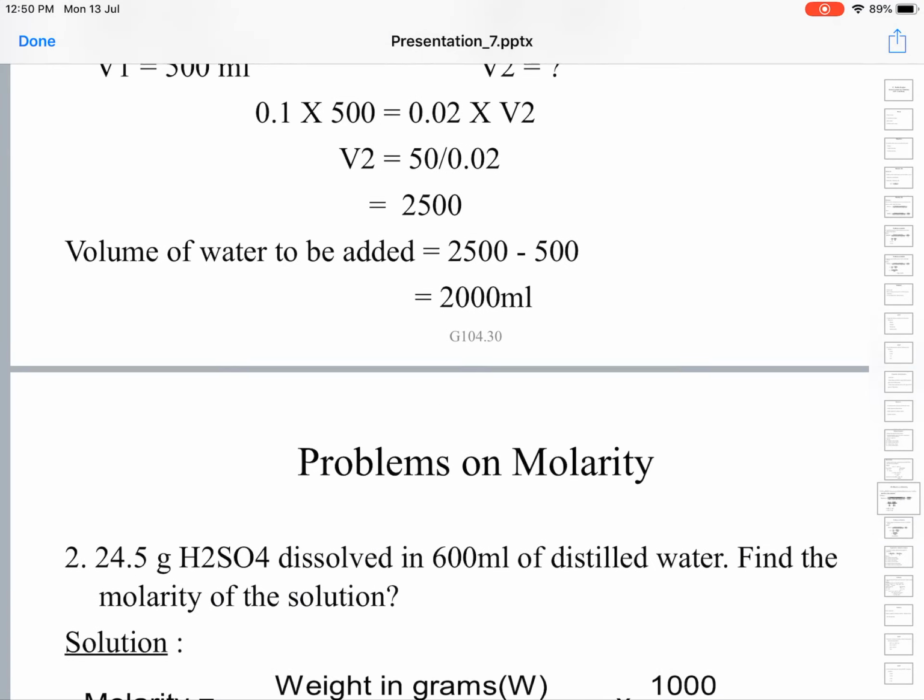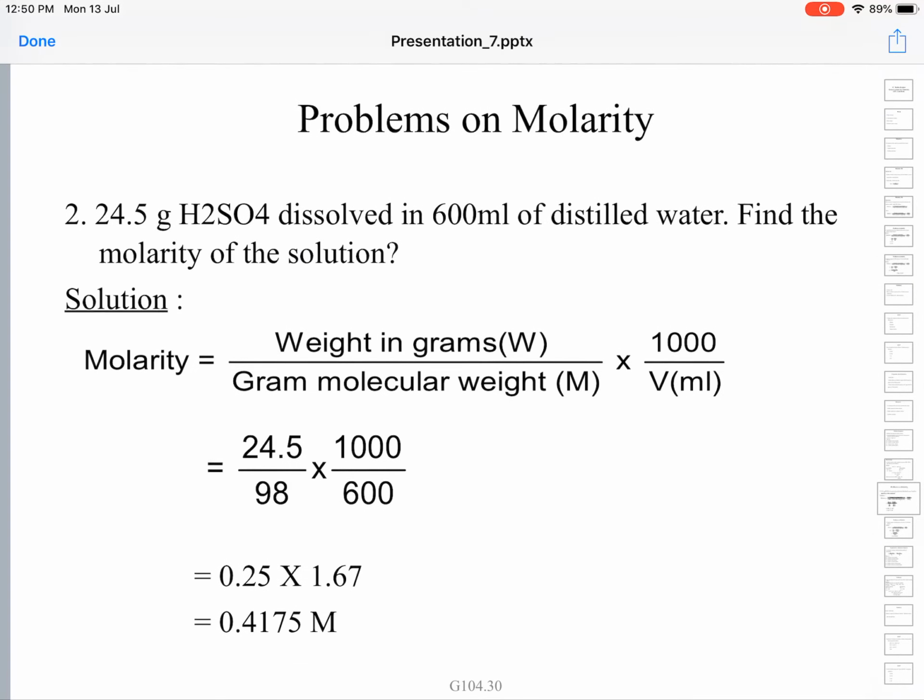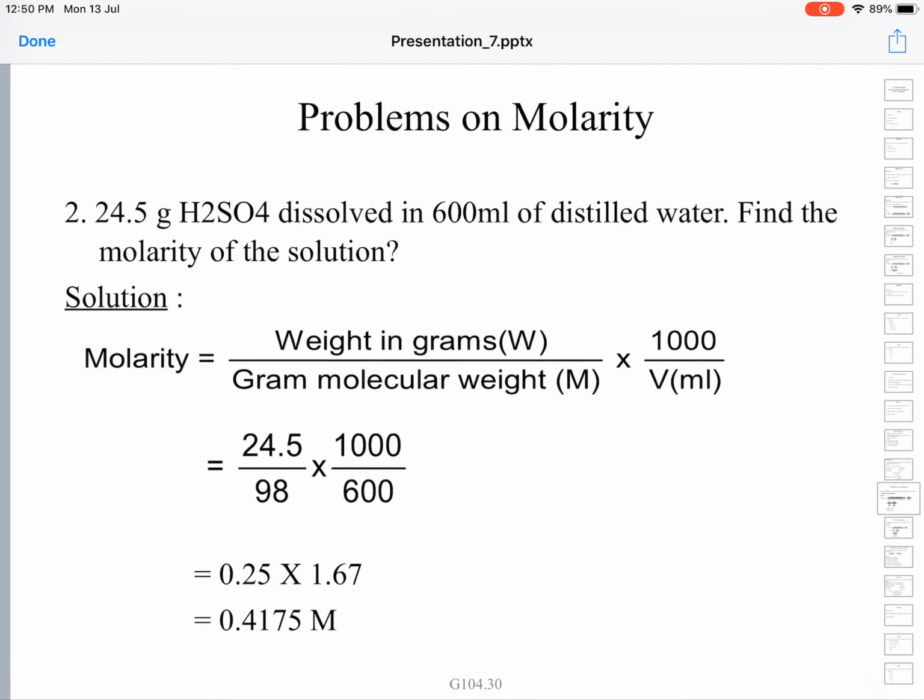That is the dilution problem. Next, 24.5 grams of H2SO4 is dissolved in 600 ml of distilled water. Find the molarity of the solution. Here again we have come back to the molarity problem. The weight of H2SO4 is 24.5 grams.